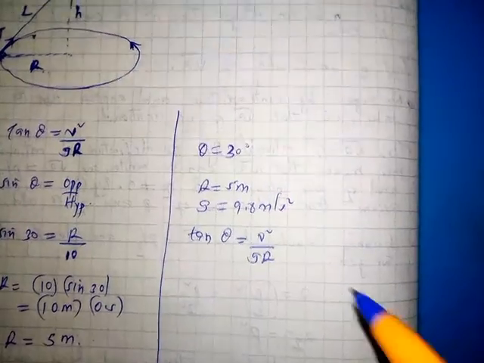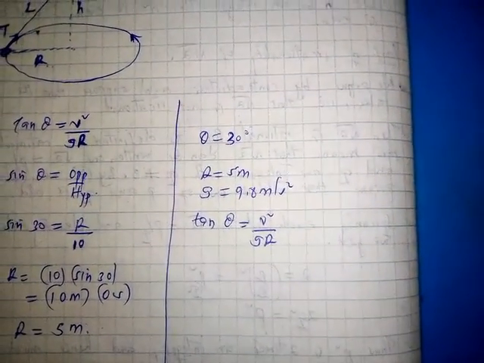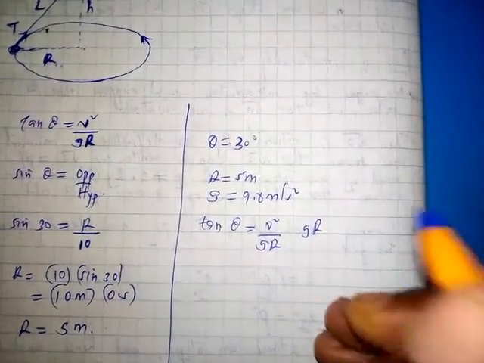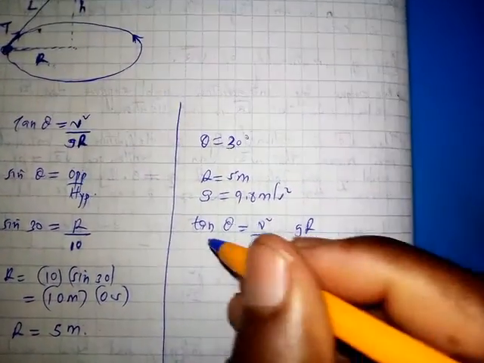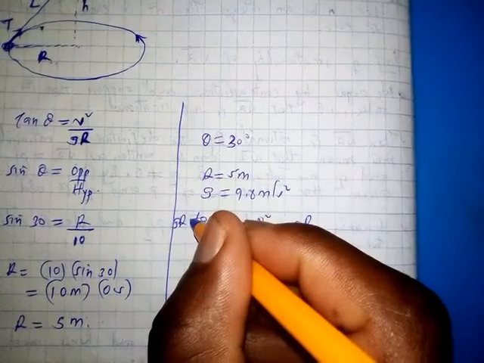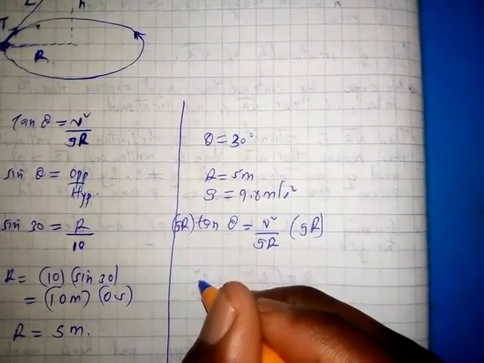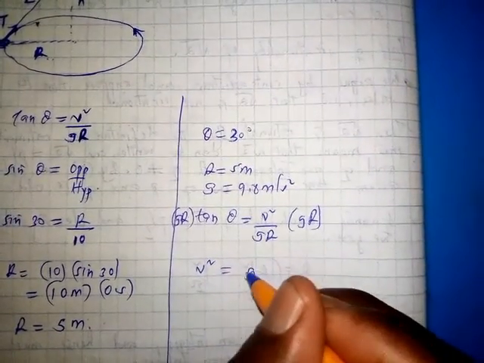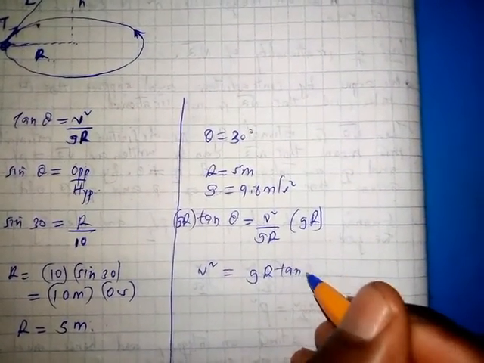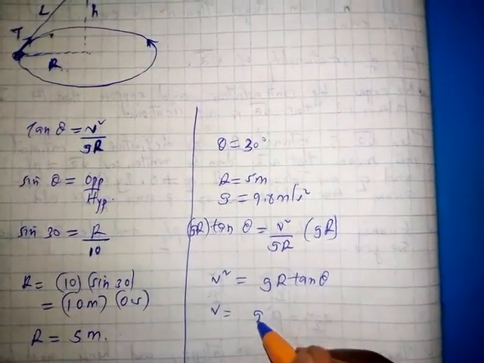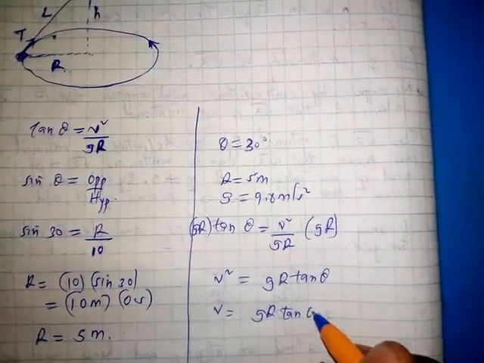To make v the subject of the formula, we multiply both sides by gr so as to get rid of this. So we get v squared is equal to gr tan theta.